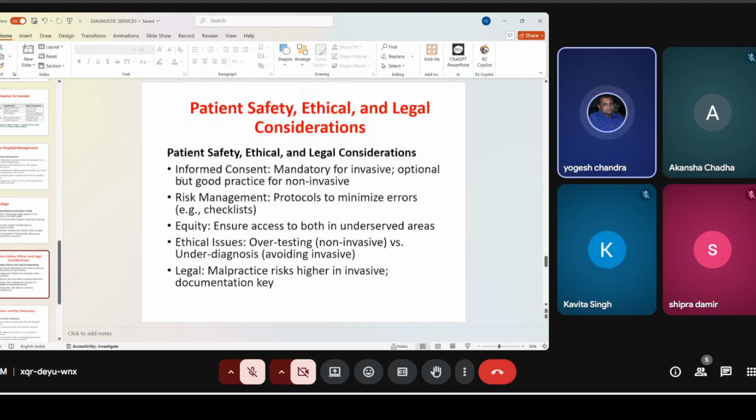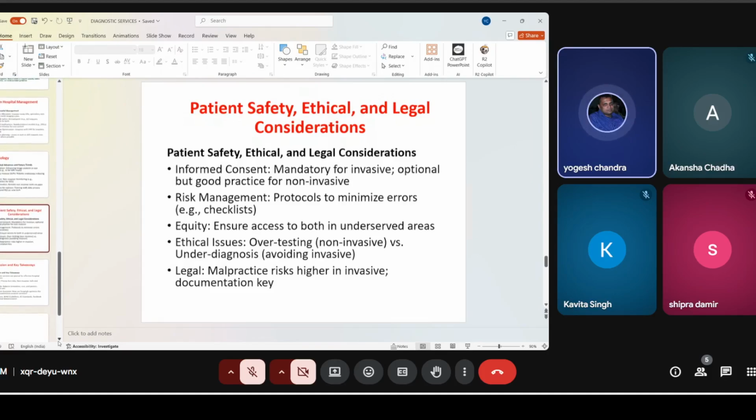So you must ensure that checks are available in the hospital, so that any kind of malpractice can be reduced. As in the case of ultrasound, somebody may tell the sex of the baby and take some money. As a hospital administrator, you have to ensure that such practices do not happen in the hospital.